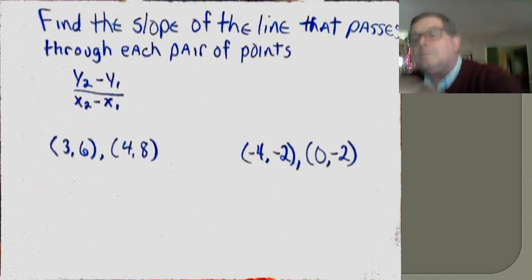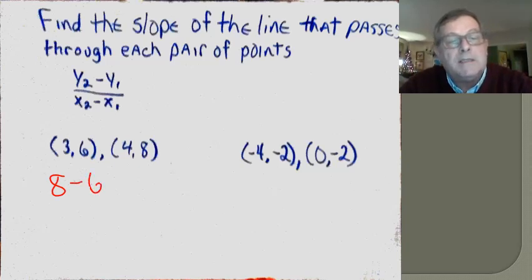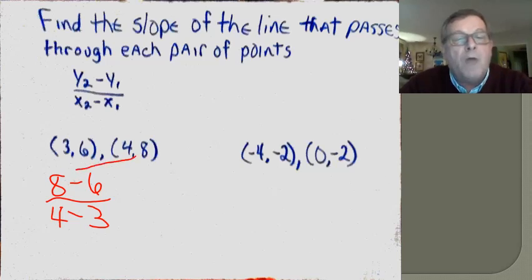So let's solve. I'm going to deal with this one right here first. y2 minus y1 over x2 minus x1. So I've got 8 minus 6 over 4 minus 3. You see I pulled the 8 from the y2 position and the 6 from the y1 position.